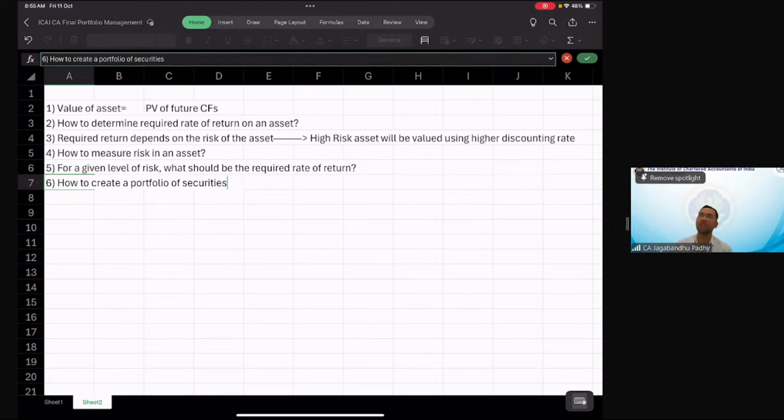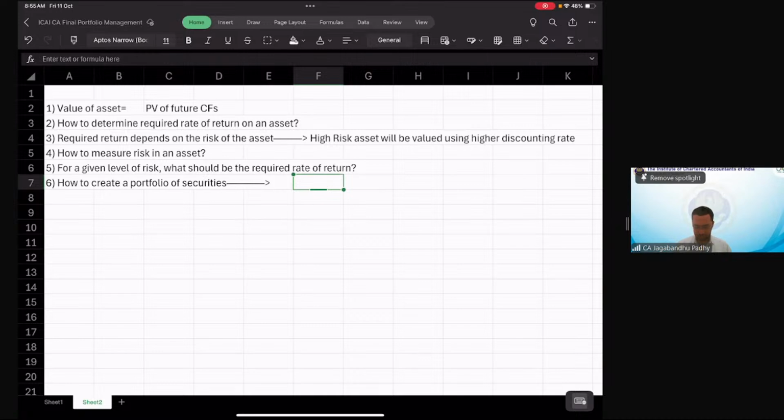Obviously, you would say that I would like to minimize the risk and I would like to maximize the return. But understand, guys, both things are not possible. You cannot get 50% return at 0% risk. Is it possible to get 50% return at 0% risk? No. You need to keep one of them constant and then try to work out what should be the resultant impact. Okay. So how to create a portfolio of securities with the two objectives.